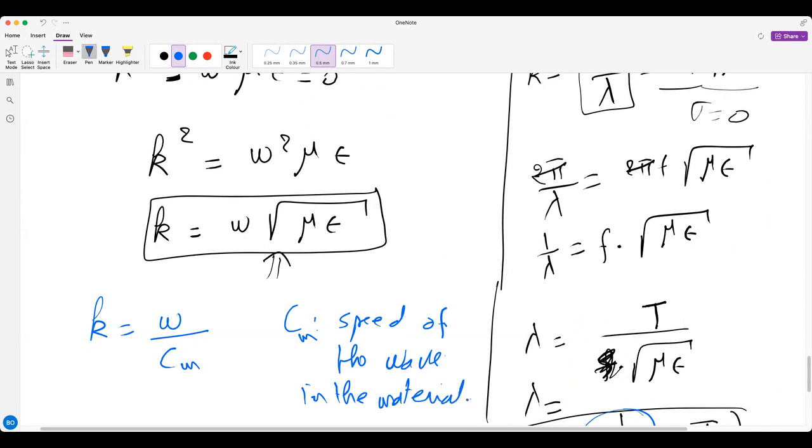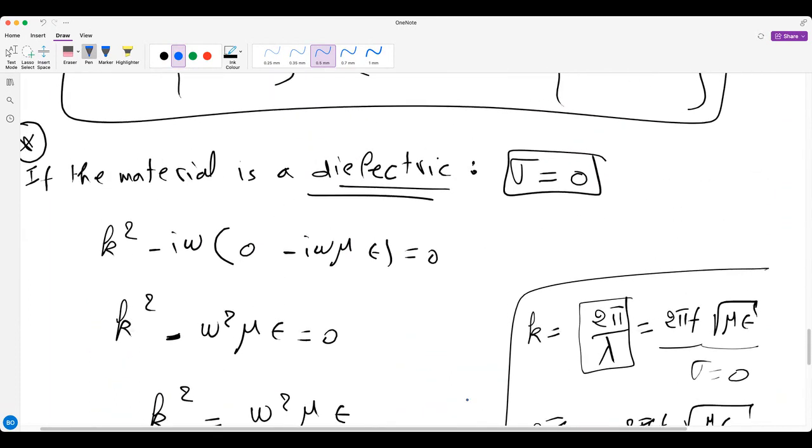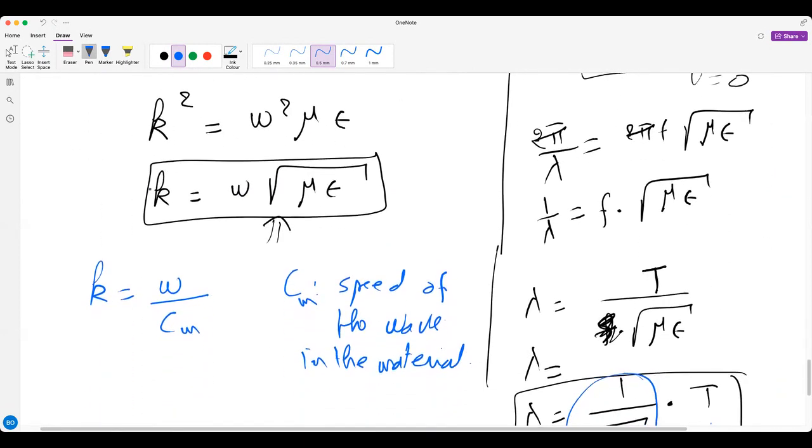Okay, I will stop here, but this is a very interesting remark. If the material is a dielectric, sigma is equal to 0, and the dispersion equation gives us a way to calculate the speed of the wave in the material.